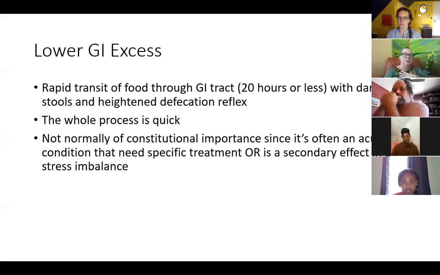But most of the time people will know, because if they're eating too many starchy foods like breads and pastry and pasta, and they're having issues with diarrhea or constipation, that lower GI problem is a pretty good sign. And foggy headedness comes in there, emotional instability comes in there.